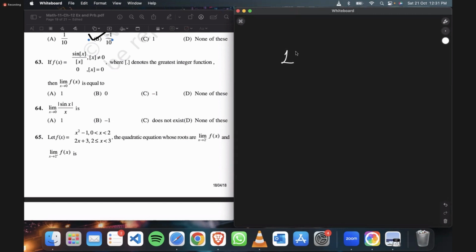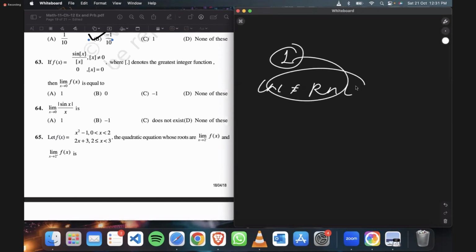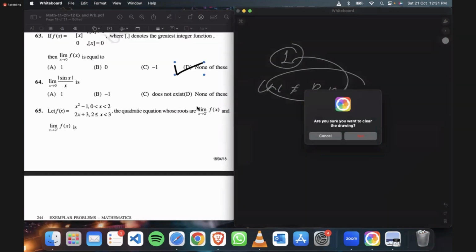Okay, so now we see that sine 0 by 0 was there, so this means that LHL is unequal to RHL. LHL is unequal to RHL, that is why the answer will be none of the above.